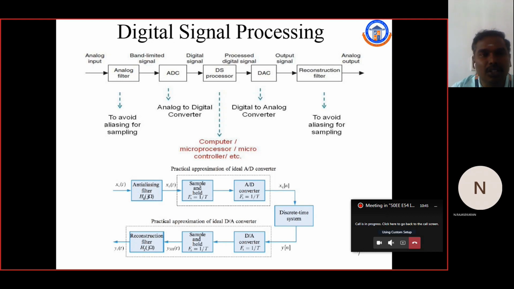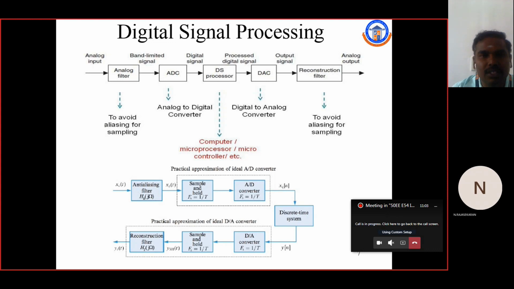First we give the analog input to the analog filter. In the analog filter, we use an anti-aliasing filter to avoid aliasing during sampling. Then the band limited signal is given to the ADC, the analog to digital converter.